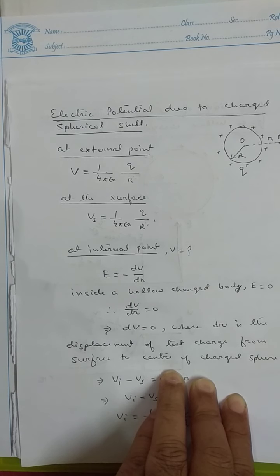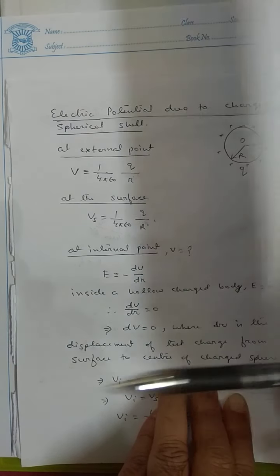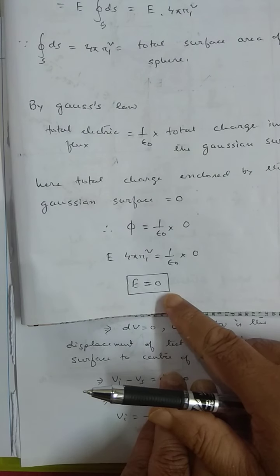During the properties of electric field lines, we said that there are no field lines inside the charged body, or electric field lines cannot form a closed loop. Why can it not form a closed loop? Because inside the charged body there is no electric field. The mathematical proof is this.